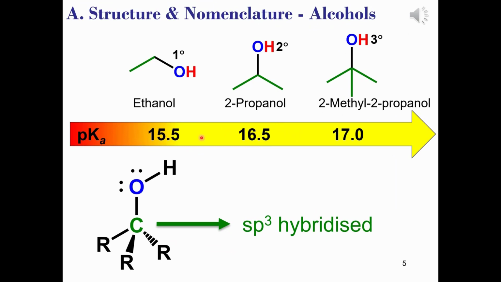When we're dealing with sp3 hybridized carbon atoms of alcohols, the number of alkyl groups represented by R surrounding the sp3 hybridized carbon atom is what causes the strength of the conjugate base to increase, and hence we see an increase in the pKa values of this particular series.